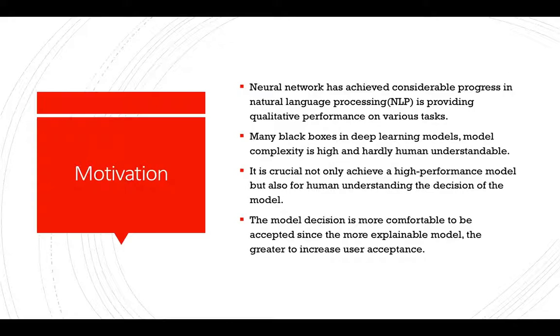By understanding the model decision, it is more comfortable to accept the results. For instance, in healthcare, if the model predicts a disease, it's important to know why the model made that prediction, in addition to having a high prediction accuracy.